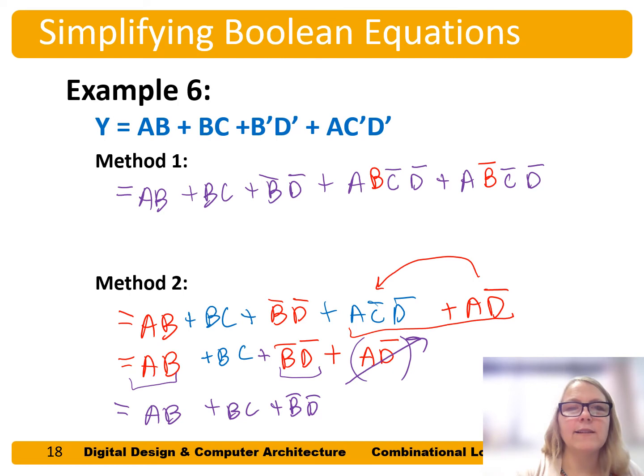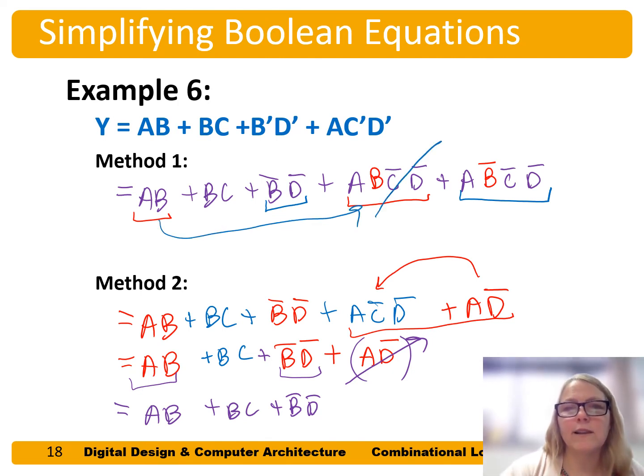And now we can see that this AB term covers this half of that term, and then the B bar D bar term covers this half. And so using covering, AB covers that term, so this entire term goes away.